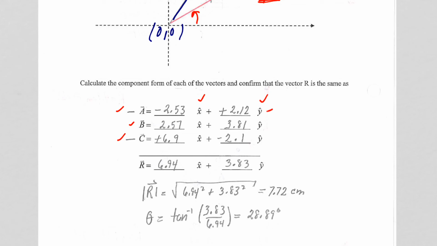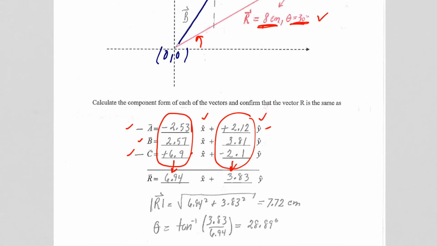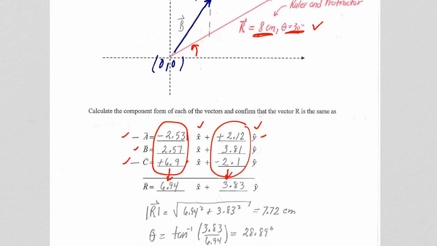When I distribute the negative through for vector C, I get a positive 6.9 and then a negative 2.1. And then I add and subtract my x's, I add and subtract my y's to get my resultant vector. And let's see if my original ruler and protractor estimate of 8 and 30 is pretty good.